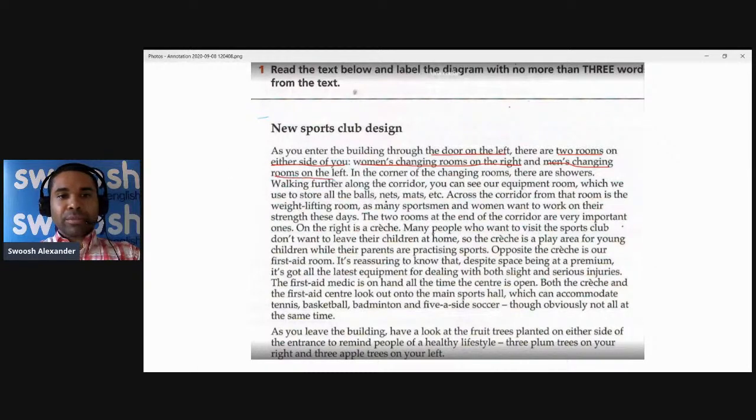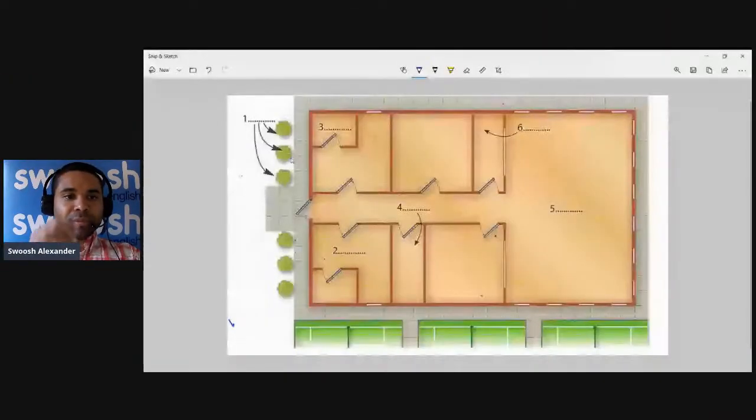Okay, so let's have a look now at the diagram and see if we can identify the men's and the women's changing rooms. So you enter the door on your left.